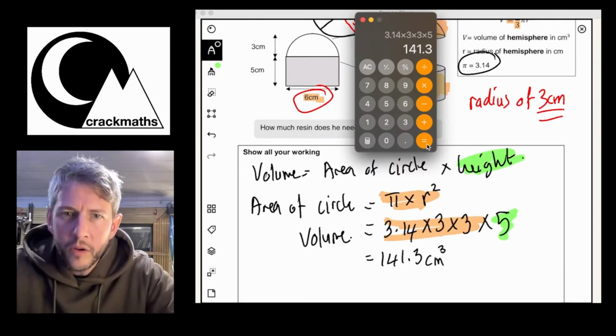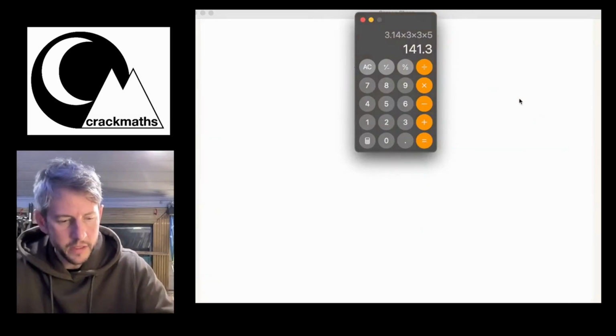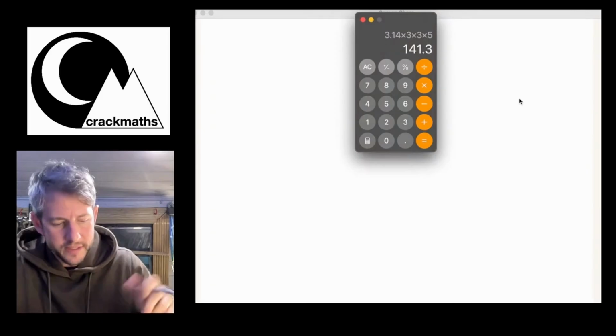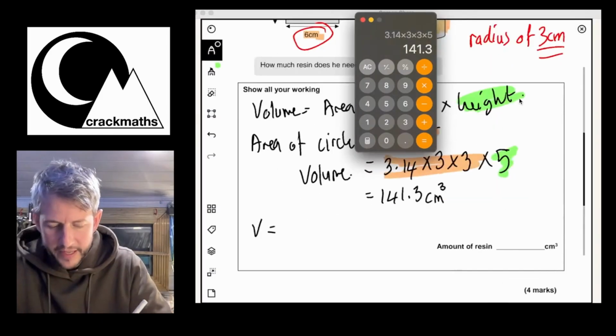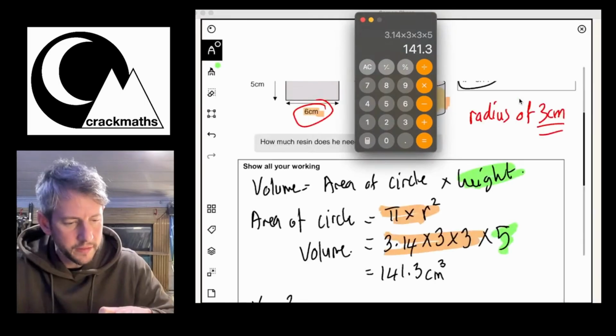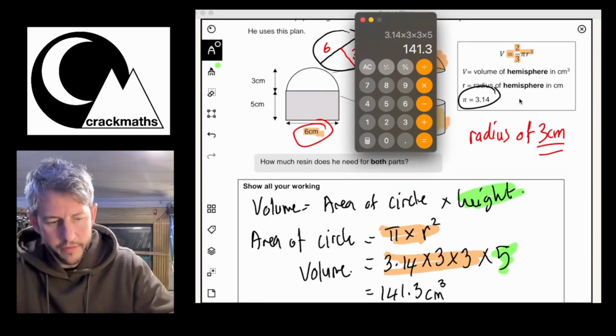Okay, and now we've got all the information we need here for the hemisphere. So I'm going to write this out though. So the volume of the hemisphere equals 2 over 3, and then what was it, pi r cubed.